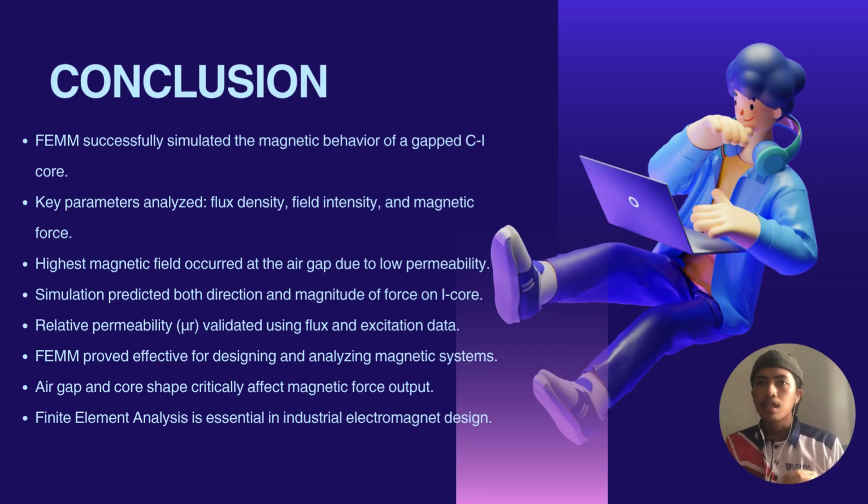This matches theoretical predictions. FEMM also enabled accurate calculation of the magnitude and direction of the force acting on the I core, which is crucial for magnetic lifting applications. Additionally, we validated the core's magnetic properties by calculating the relative permeability using the average flux density and known excitation current. Overall, FEMM has proven to be a powerful tool for simulating, designing, and optimizing electromagnetic devices.